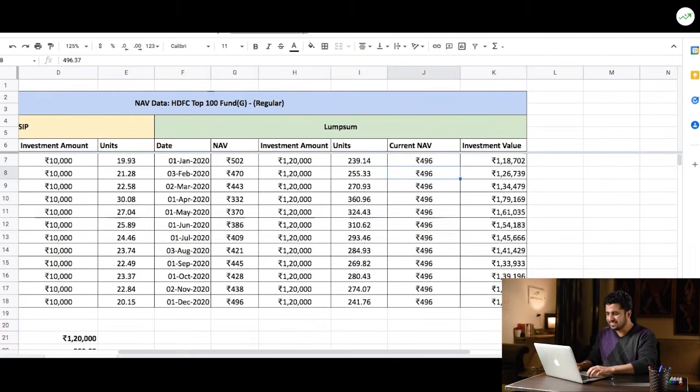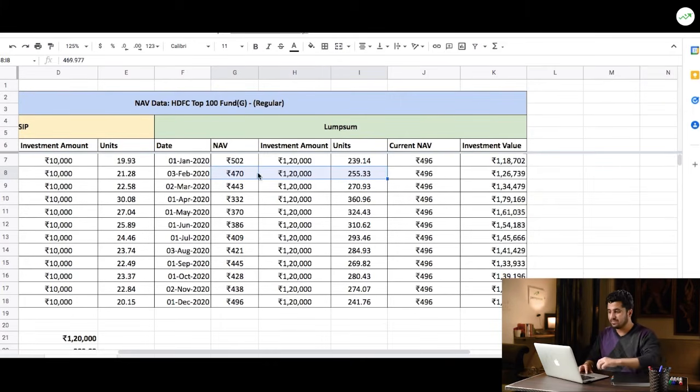Okay. Let's say you didn't have money on the 1st of Jan. Rather, you had money on the 3rd of Feb. Again, a random date. On 3rd of Feb, you had 1,20,000 rupees, and on that day, the NAV value was 470 rupees. Right? So you got 255 units allocated. 120 divided by 470 gives you 255.